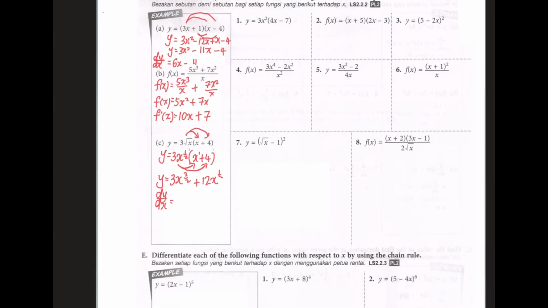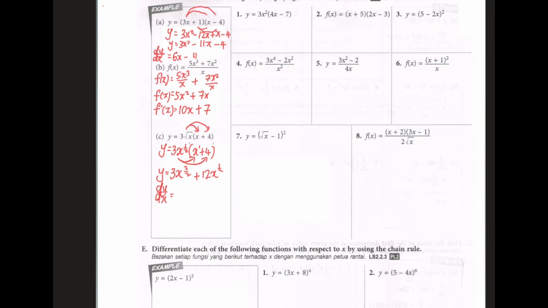So when you do dy dx, basically the power 3 over 2 multiplies with 3, so we get 9 over 2. Then the power, you minus 1, it becomes half. The second term, the power half multiplies with 12, we get 6. And then the power half, you minus 1, it becomes negative half.